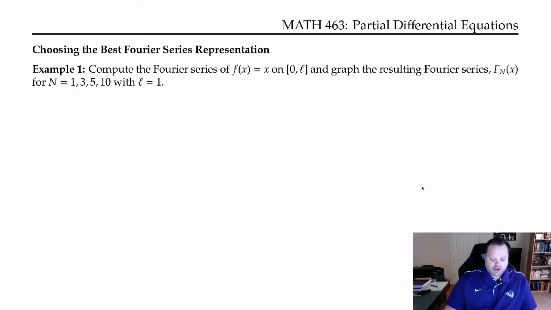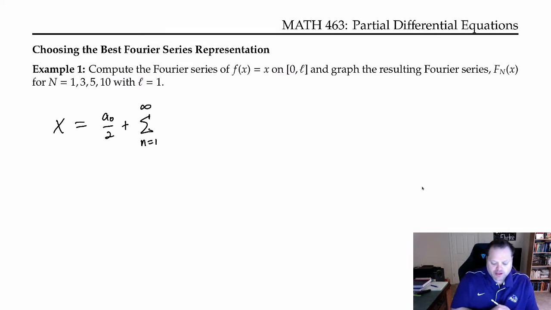Okay, so here's the idea. x is equal to, I'm just going to write down the Fourier series. It's a0 over 2 plus the sum, n goes from 1 to infinity, of an cosine n pi x over L. I'm looking at the interval from minus L to L. So L is 1.